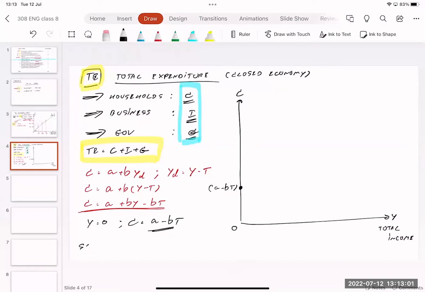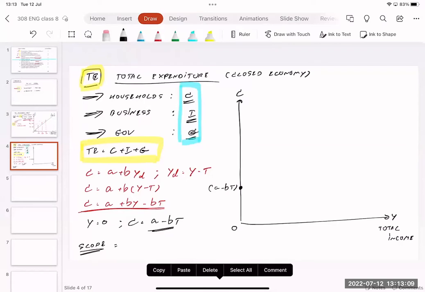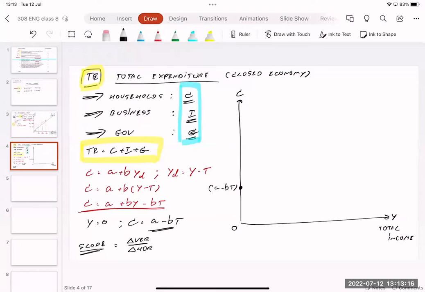In order to find the slope of any line, we use the mathematical formula delta vertical over delta horizontal. In the graph, the vertical is going to be C, and the horizontal is going to be Y. Delta is like a derivative, right?